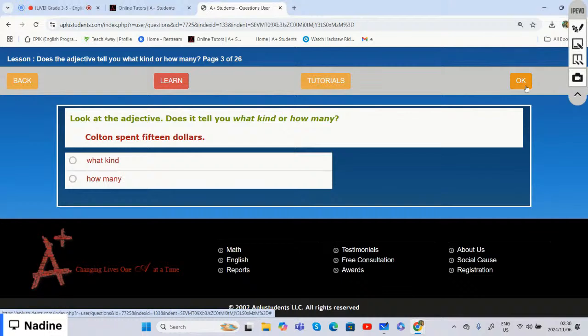Colton spent $5. Does that tell us what kind he spent or how many he spent? We need to say if it's what kind or if it's how many.